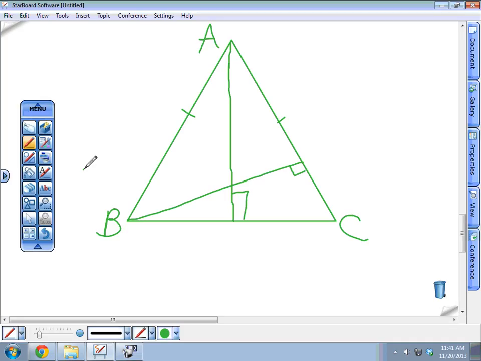Why don't you climb up, Annie? Show me a perpendicular bisector of AB. Let's do red. So this is AB, and you want to give me a perpendicular bisector of AB, so it has to form a right angle.